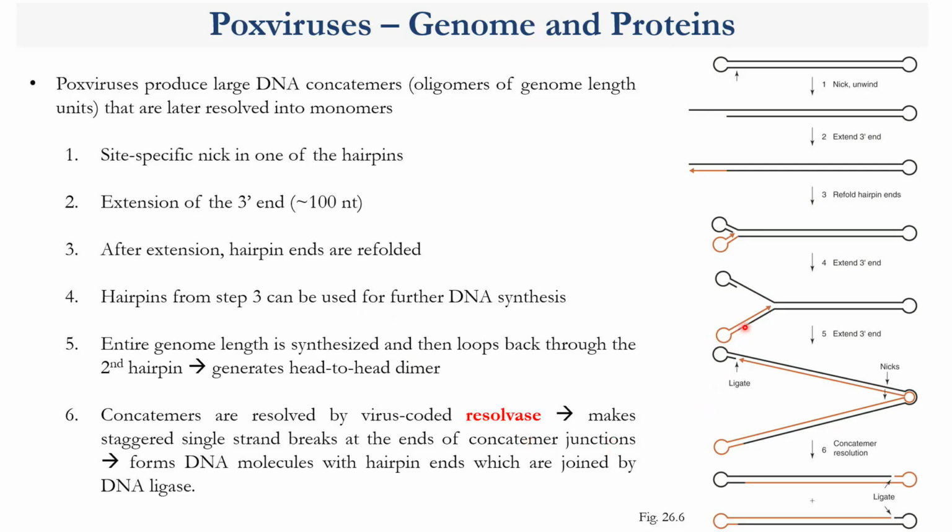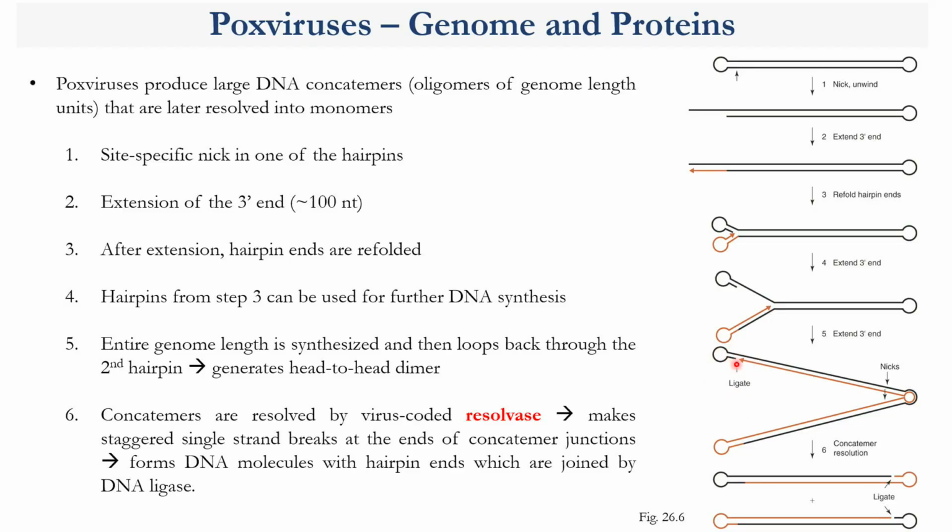So it's going to synthesize in this direction. It's going to synthesize the entire genome length, and as it loops back through the second hairpin, it's going to generate a head-to-head dimer, okay? So it's going to generate a dimer of the DNA molecule.